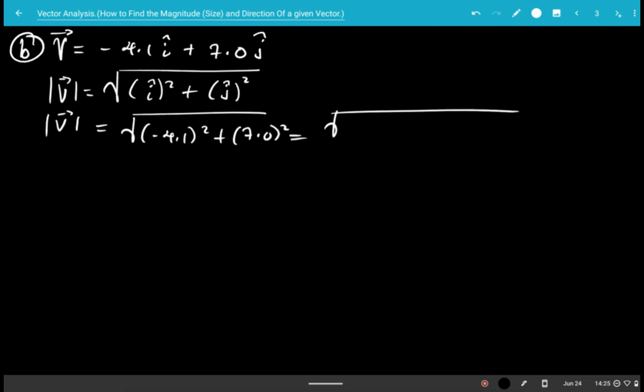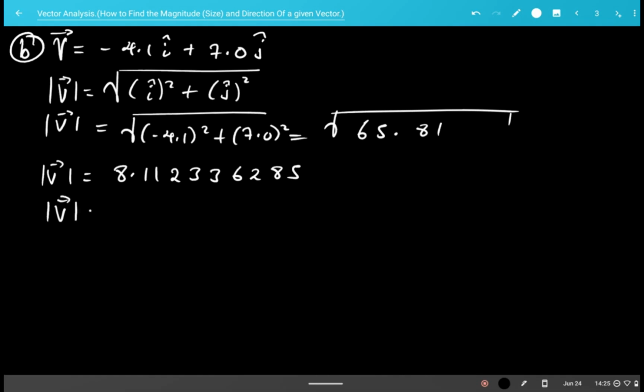This will result in 65.81. If you compute the root of 65.81, you will find that your answer will be 8.1123368285. So if I round this off to 2 decimal places, I have 8.11.